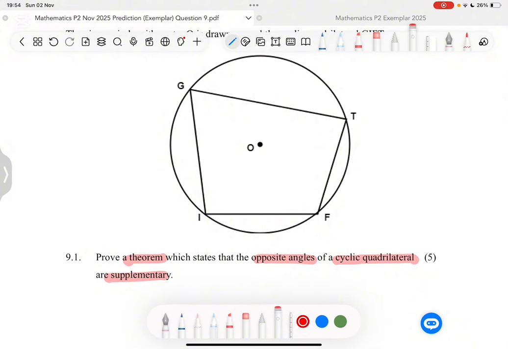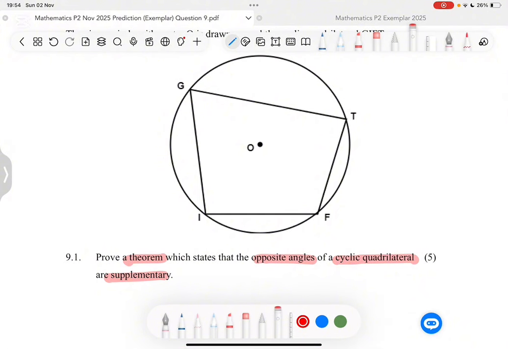If you look at the angles that we've created, they relate to another theorem that we know, where we say that the chord IT subtends an angle here at the center, which is going to be angle O1. And the same chord IT subtends another angle at the circumference of the circle, which is G there.